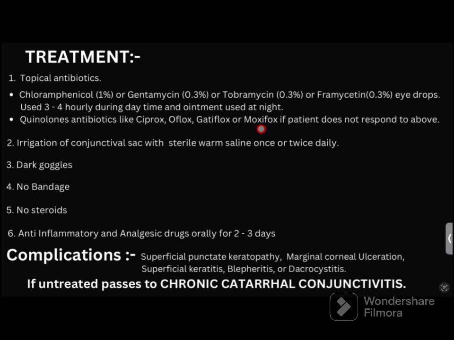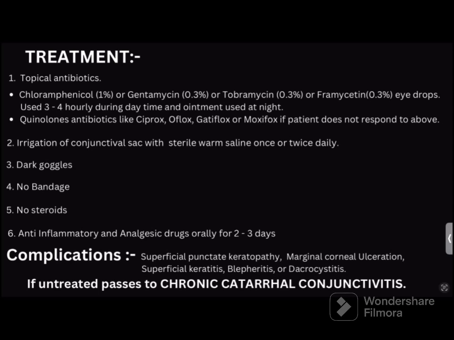Therefore, bandaging should always be avoided. And if you bandage, the eye discharge will also be prevented from escaping out, right? So those are the two reasons why you should never bandage an acute mucopurulent conjunctivitis eye.